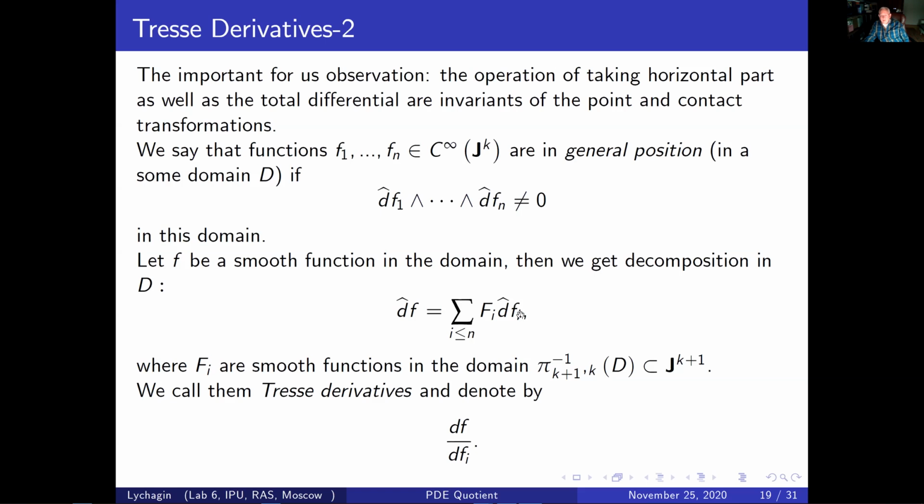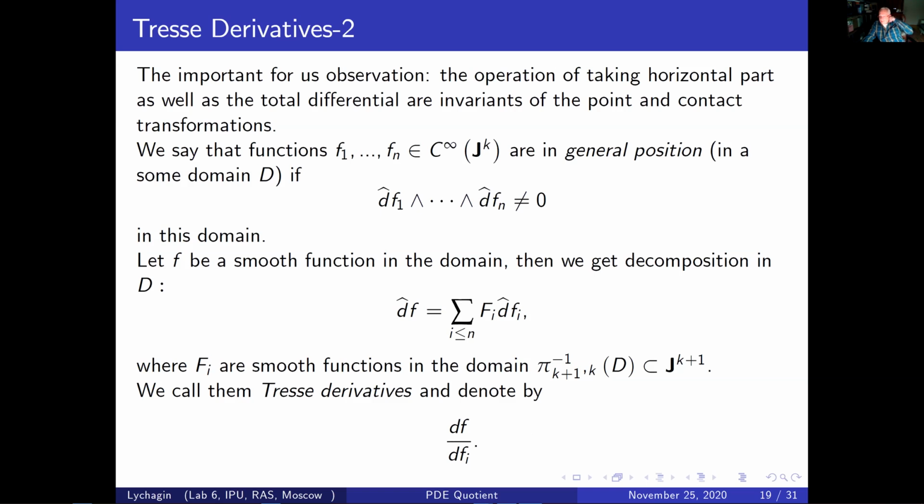So taking these derivatives allows us, in general, to get invariants of order k+1 if you know n independent invariants and one more invariant of order k.